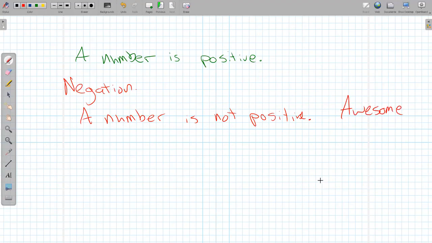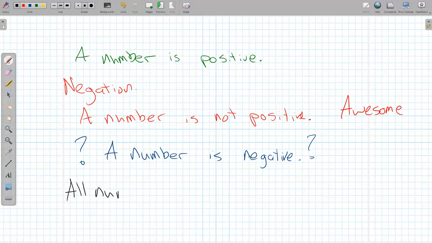Now, then I get thinking though, right? We always get thinking about stuff. We get these ideas. And my idea is, when I think about positives, I also think about negatives. So could I say, a number is negative? That's going to lead me to a new statement, which I'm going to test the validity of.